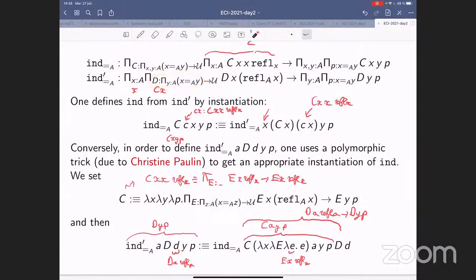Okay, and here we have exactly the same type.